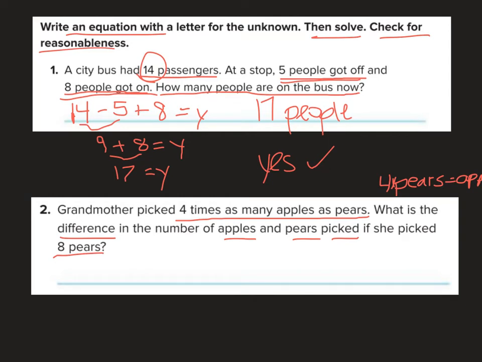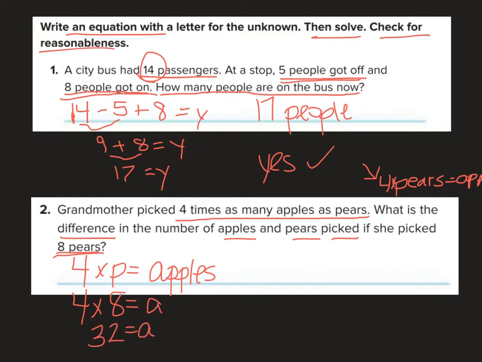So like I said before, we know that apples is the bigger number, so I know if I take 4 times pears, it's going to get me a bigger number. So I am going to do 4 times p equals apples. This is my original equation that we talked about over here. Then I know that there's 8 pears, so if I do 4 times 8, it's going to equal A for apples.